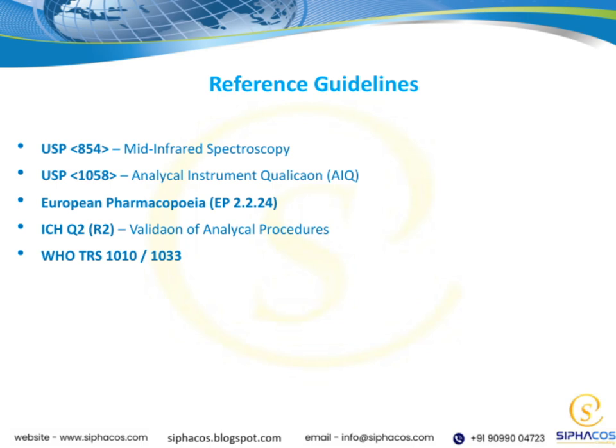This guideline helps us establish that our methods are suitable for their intended purpose, covering aspects like accuracy, precision, specificity, and robustness. Finally, the WHO Technical Report Series 1010 and 1033 provide international standards and recommendations for analytical method validation and instrument qualification. They help ensure that our methods are globally acceptable, fostering consistency across different regions.